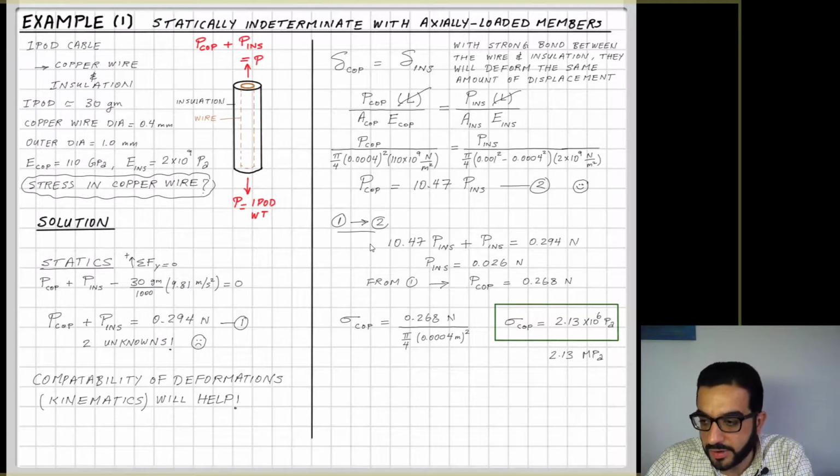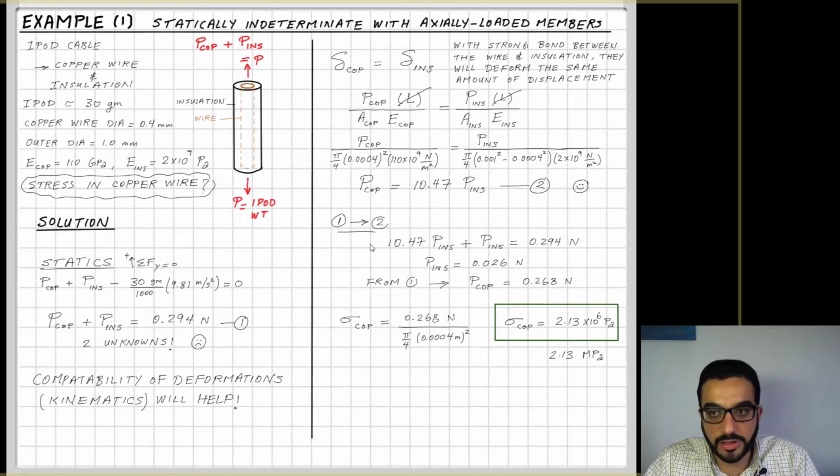I can now write the answer as 2.13 times 10 to the power 6 Pascal, or Newton per meter squared, or 2.13 megapascal.